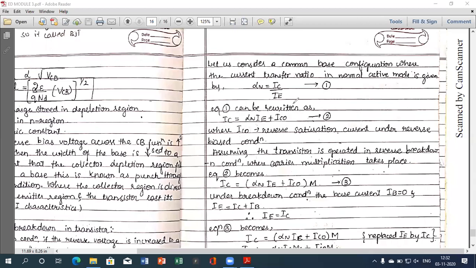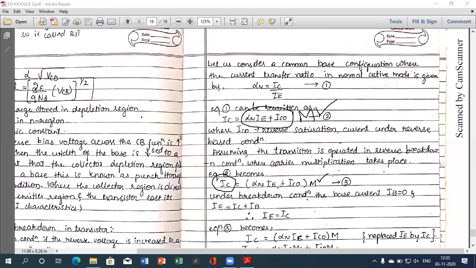Nothing but when more charge carriers are generated due to the increase in the reverse saturation voltage, this complete equation depends on the minority charge carriers, now called carrier multiplication, which is denoted by M. So that's why it is written as: the collector current depends on alpha n into I plus ICO into M. M is nothing but the number of minority charge carriers generated by collision of stable atoms.